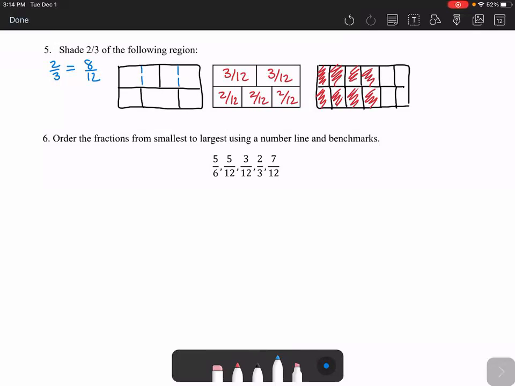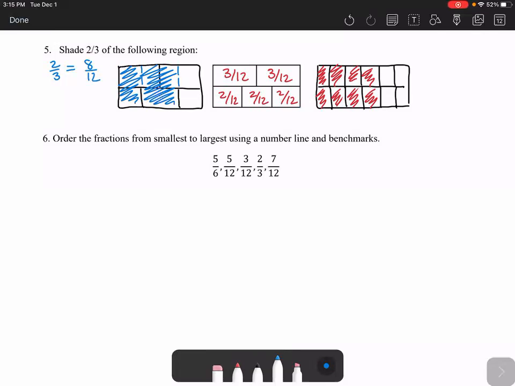So now I have the whole shape divided into thirds, and I'm just going to shade 2 of them. So that's also 2/3. And it's essentially exactly what we did on the right of the shape in red, just quicker. But this extending up thing is something that a good amount of people forgot that you could do.